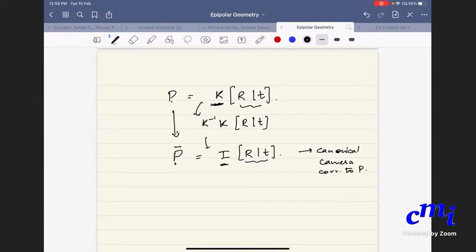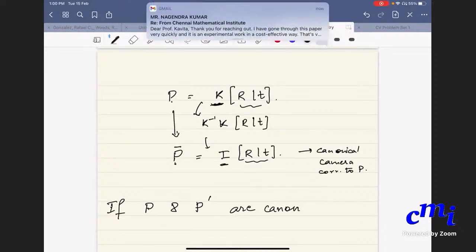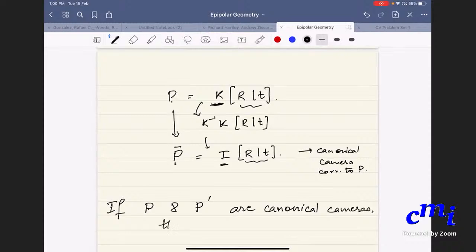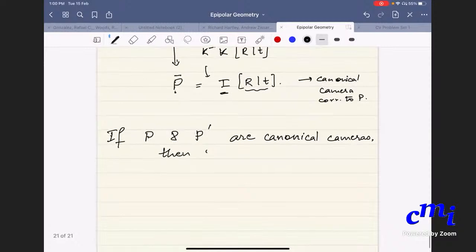So now if you have a situation where you're looking at two cameras, P and P prime, which are both canonical, so you have already normalized them, then the corresponding fundamental matrix is called the essential matrix.